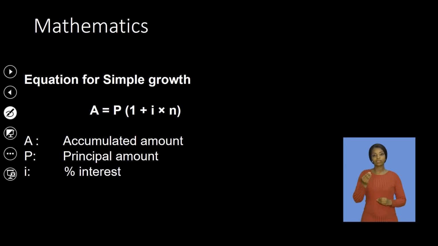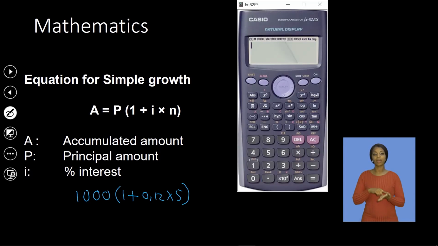So just quickly to go back to that question, remember that you were investing 1,000 rand, right? Or you were saving 1,000 rand. And you were saving this at an interest of 12%. So that's 0.12. And then multiply, you are saving it for 5 years. So if you were to press this in your calculator, it will then be 1,000 rand there.